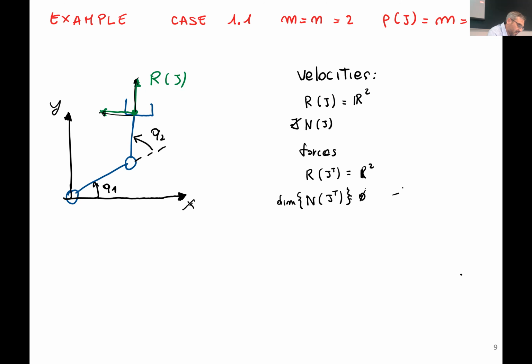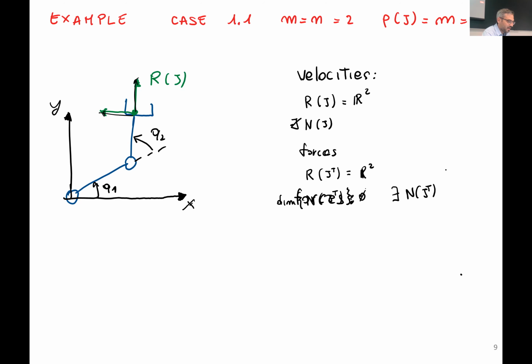So again, doesn't exist. When I say doesn't exist, I mean it contains only the 0 vector, because the 0 vector you can always multiply by J and you get 0. That is a trivial case.